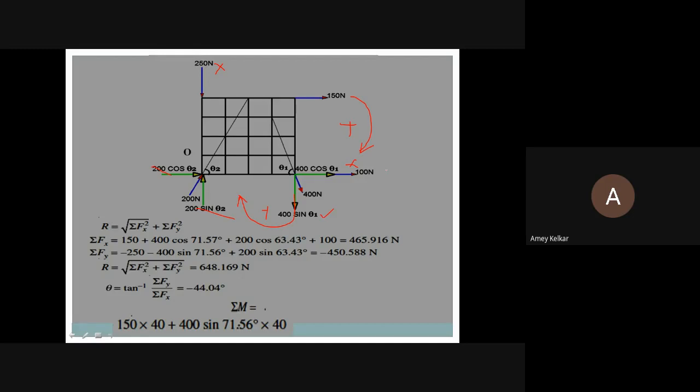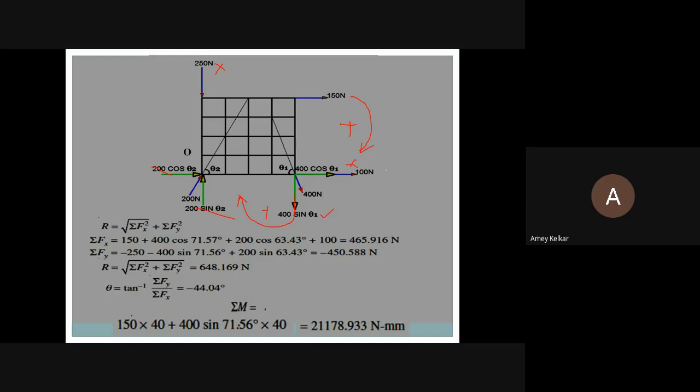So get the answer: summation of M about O. The answer for moment is 21178.933 Newton mm.